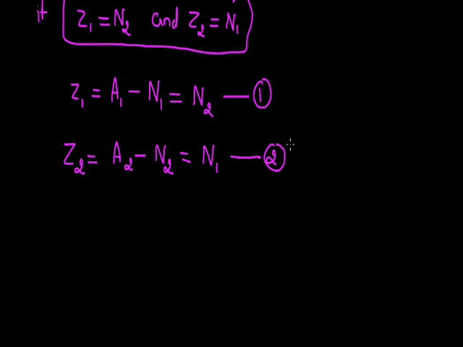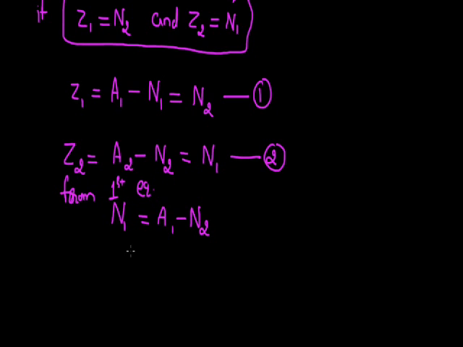Now from the very first equation we can find the value of N1, and this value of N1 will be equal to the mass number of the first nucleus, A1, minus the number of neutrons present in the second nucleus, that is N2. This I have derived from the first equation.